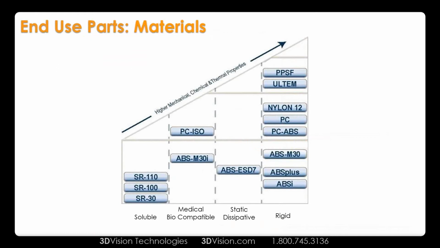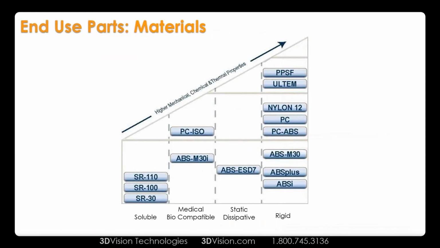So other materials that we have available, looking at this chart, we have on the left-hand side moving across to the right and up. As we go to the right and up, the chemical, thermal, and mechanical properties are increasing. So very far left, the weakest, least resistant to heat, is our soluble supports. These were good for maybe overmolding, maybe something that would dissolve away later on.